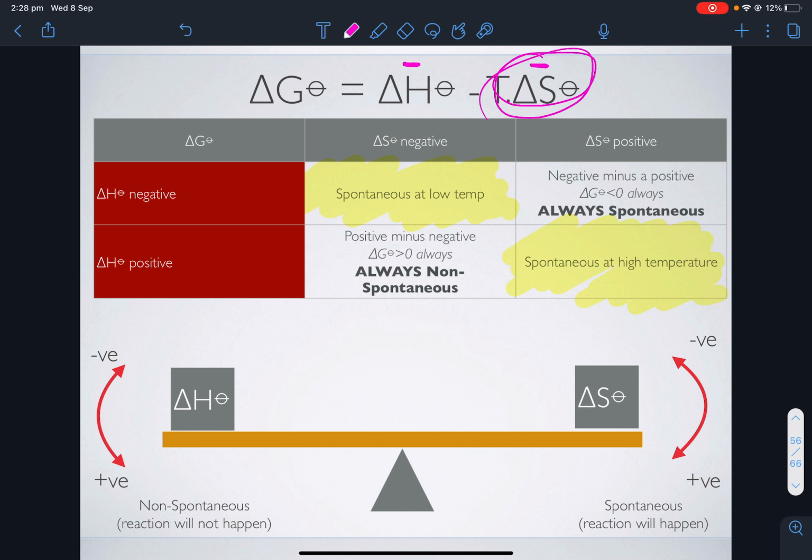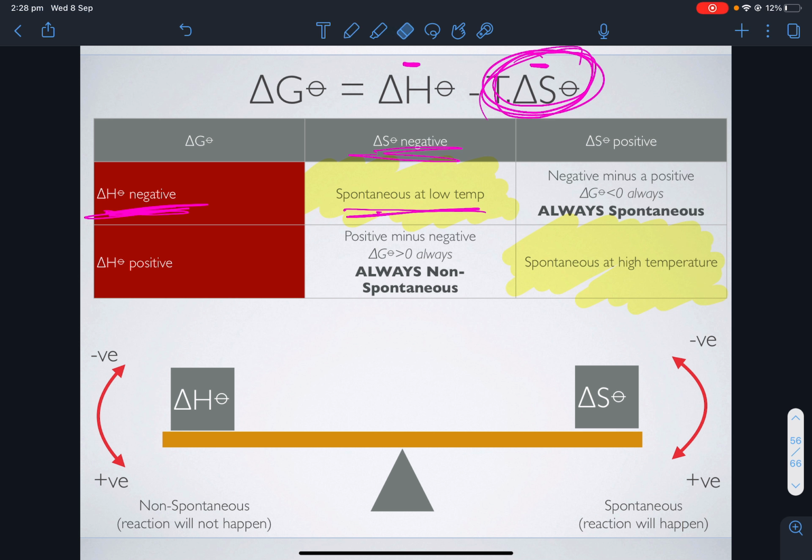Okay, so what this is saying is that under these conditions, where you've got the enthalpic drive, but you're going against entropy, if temperature is small, it's still spontaneous. So that's why I've written spontaneous at low temperature here, okay? Because it makes this so small that we might not get above 0. So it's spontaneous at small temperatures.